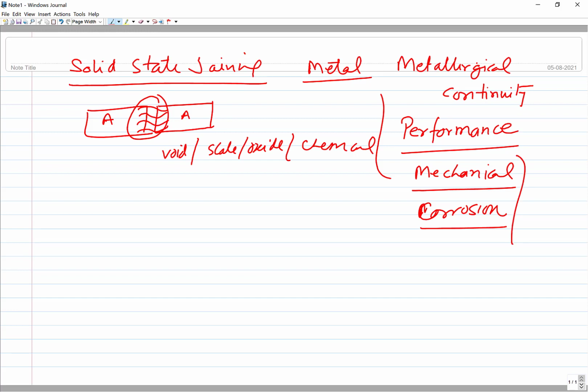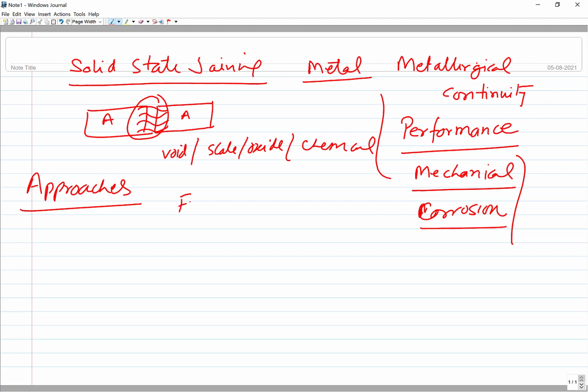Okay, so how do we get this? How do we get the metallurgical continuity if the joint is to be made? What are the broad approaches that have been developed so far in science and technology for making joints of metals?